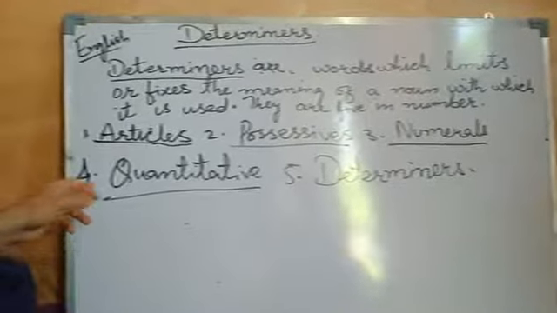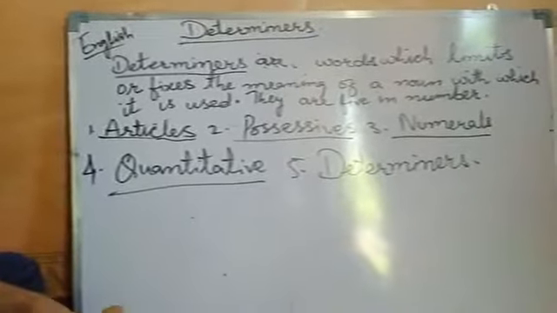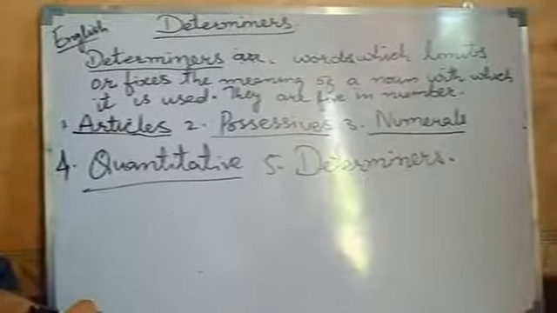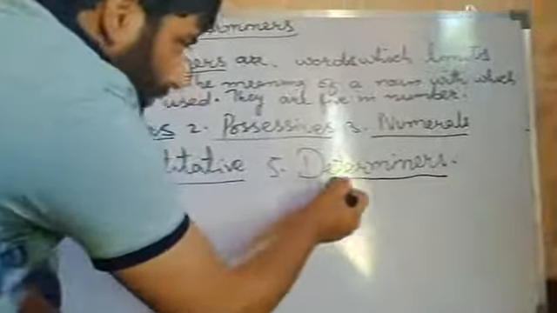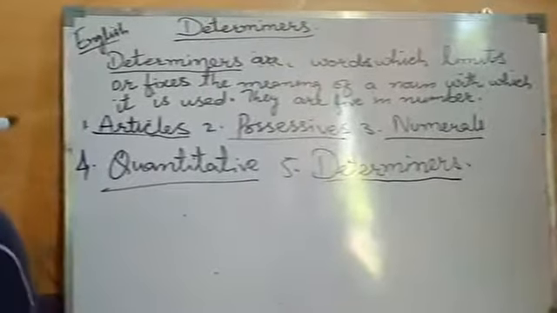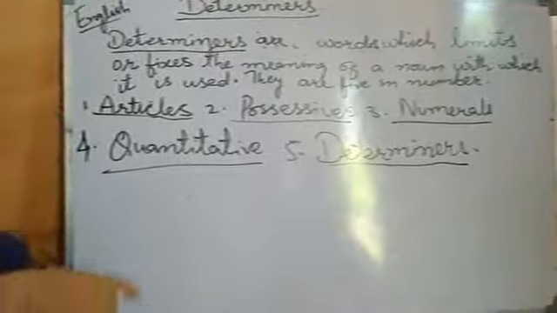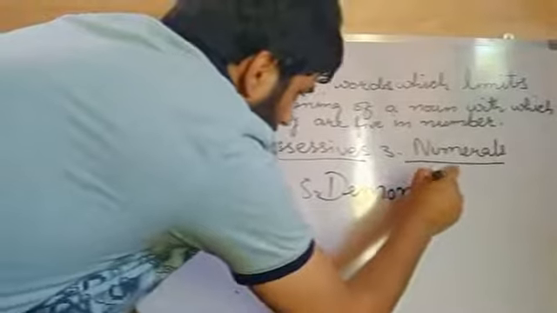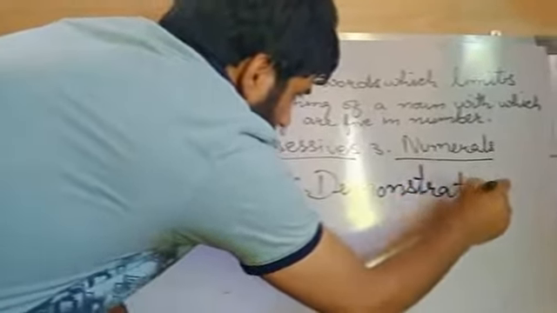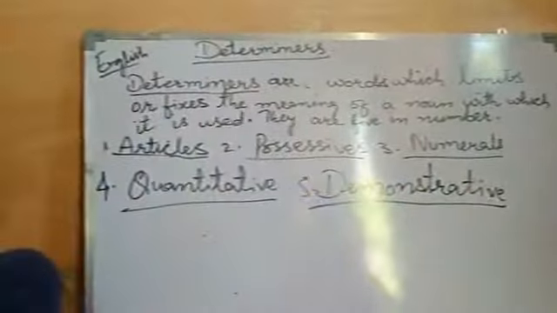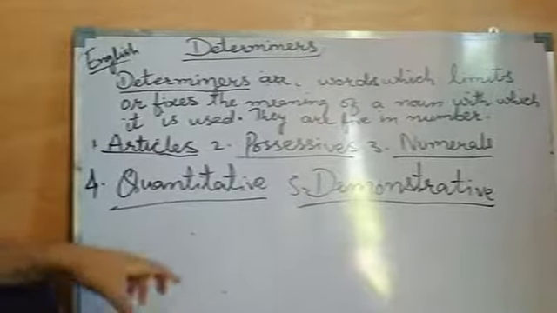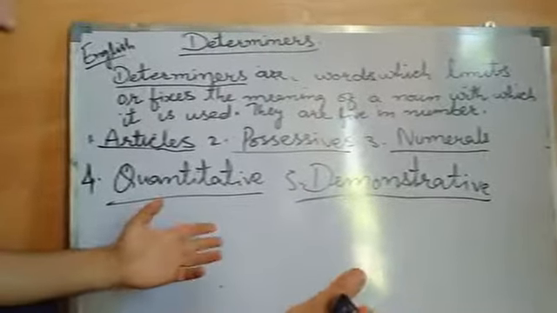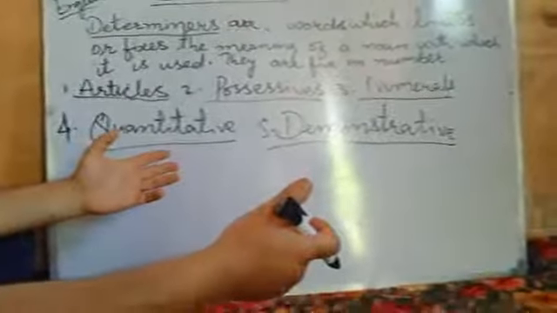Quantitative shows the quantity, for example some, few, a lot of. And the last one is demonstratives. Demonstratives point out the object, for example this, that, those, these.